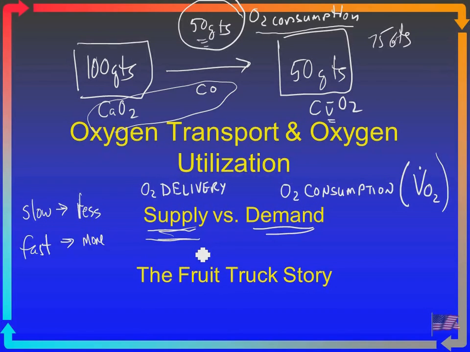If there's an increase in demand, there better damn well be an increase in supply, or we're going to have a problem. If there's a bigger need than I can put out, we're going to go anaerobic. Okay. Concept makes sense in a generality.